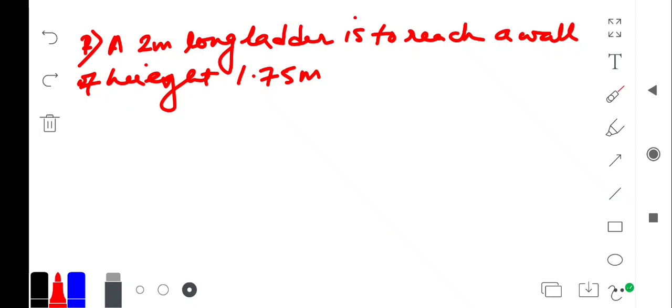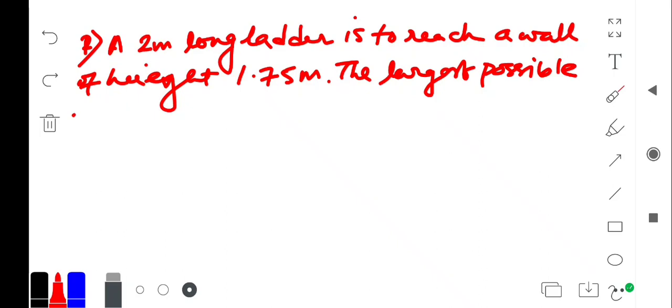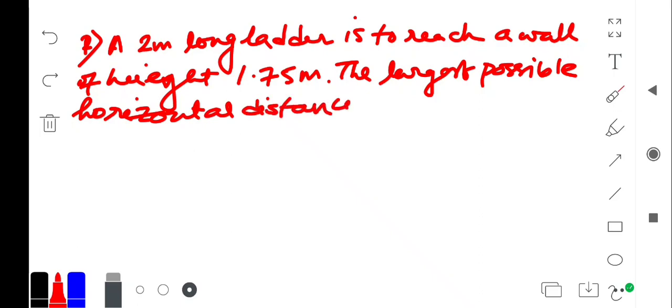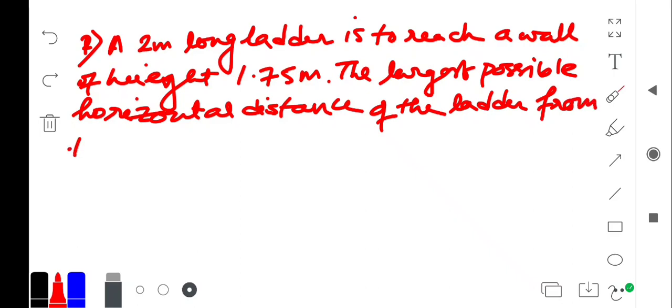The largest possible horizontal distance of the ladder from the wall could be, okay, this is given.